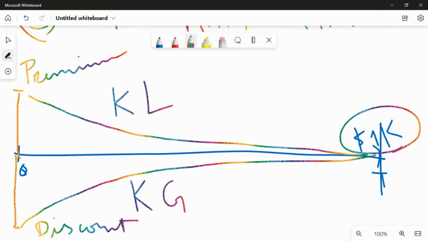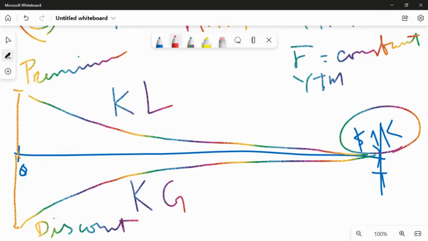However, this is assuming that R is fixed, right? If the discount rate, or yield to maturity, is constant, then definitely it will show this pattern.